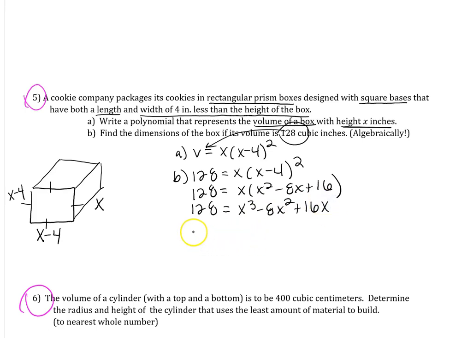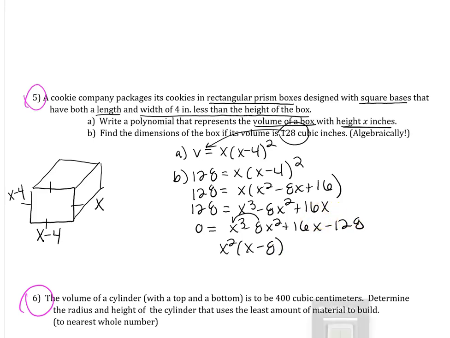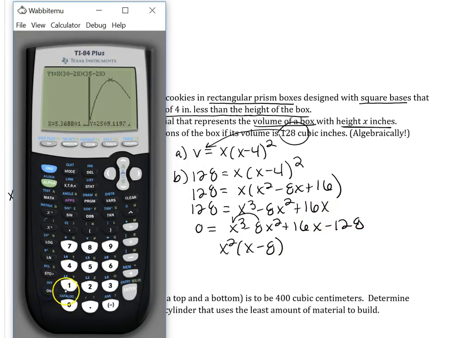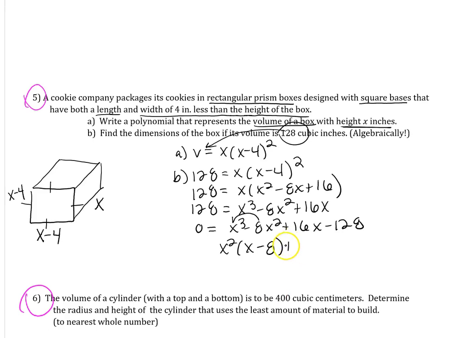Okay, and then I'd set that equal to 0 by subtracting the 128. Okay. I'm going to see if this factors by grouping. I can pull out an x squared. And maybe I can pull out a 16. What is 128 divided by 16? Good, so I can pull out a 16.